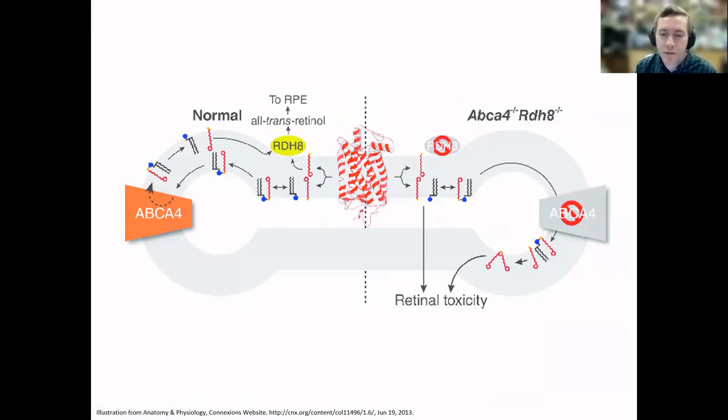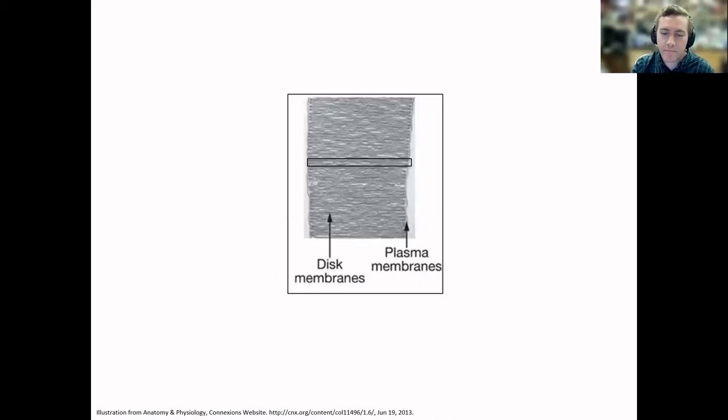And that signals through another protein called PDE6, or phosphodiesterase 6, that then changes the concentration of cyclic GMP in the cell, leading to the closing of cyclic nucleotide-gated ion channels on the plasma membrane, and that leads to hyperpolarization of the cell, and then the release of that is how we get the electrical signal that passes on to the rest of the neurons in the retina to the brain.